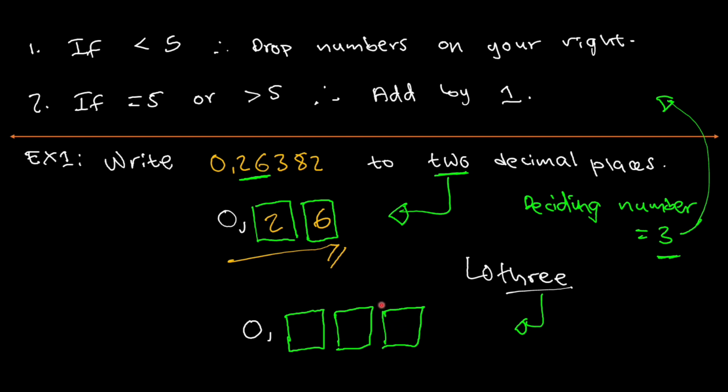The second part is to underline 3 numbers here. In the first question we underlined only two numbers, 2 and 6. Now we underline 3 numbers because the question says 3 decimal places.